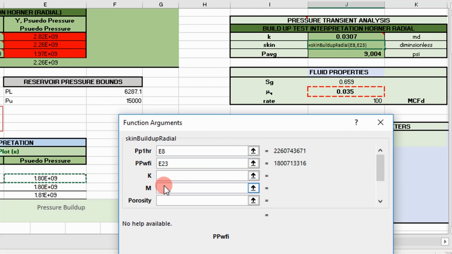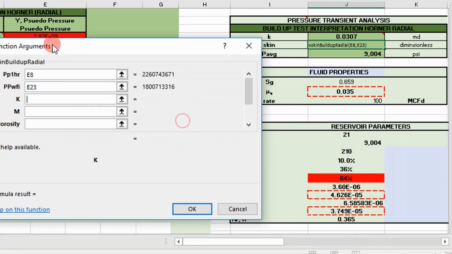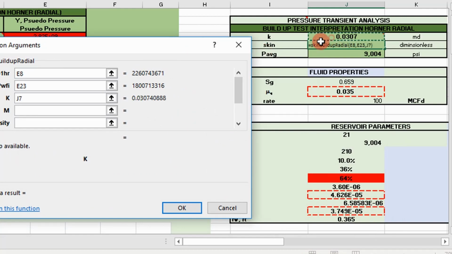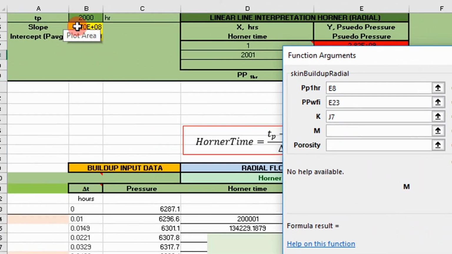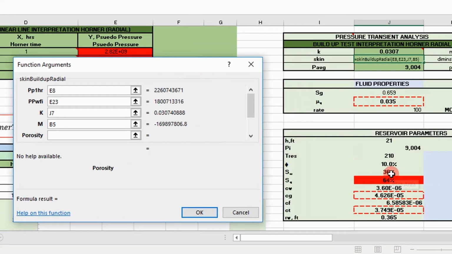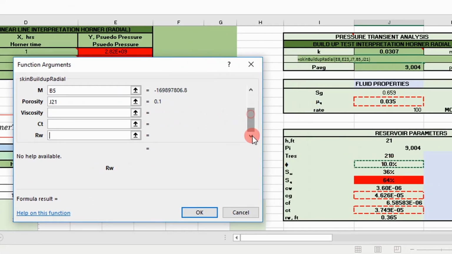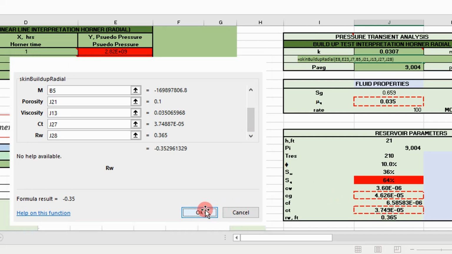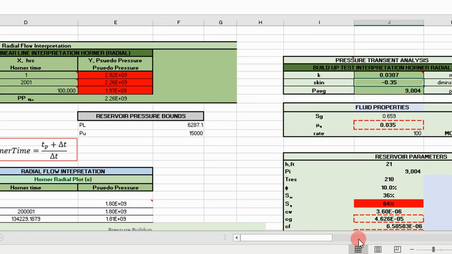I just forgot to change the box. So our permeability is going to be this value, which we calculated, the slope on our straight line, porosity, gas viscosity, that is, total formation compressibility, we estimated that, and the wellbore radius. And so bang, that's our skin.